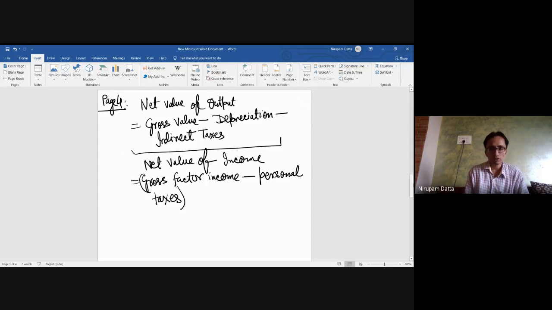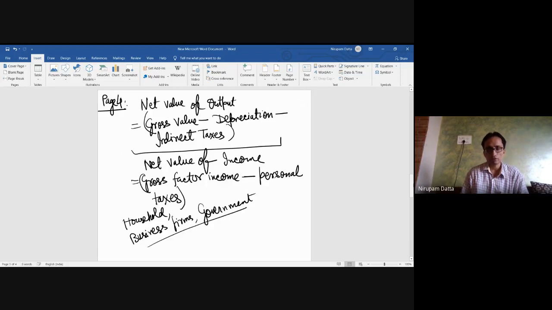So you have to show this in a circular flow diagram where there is the household sector, business firms, and government. This will be a bit different from the diagram that we have discussed, but try that.